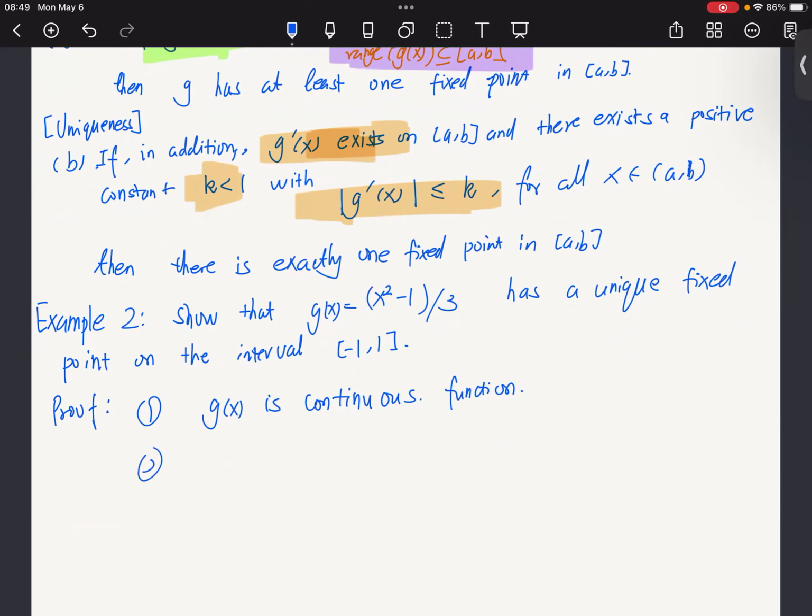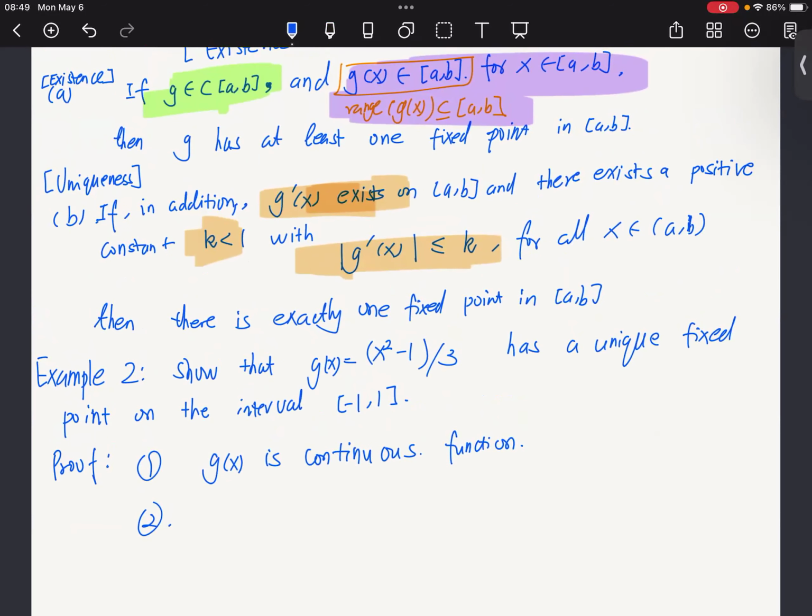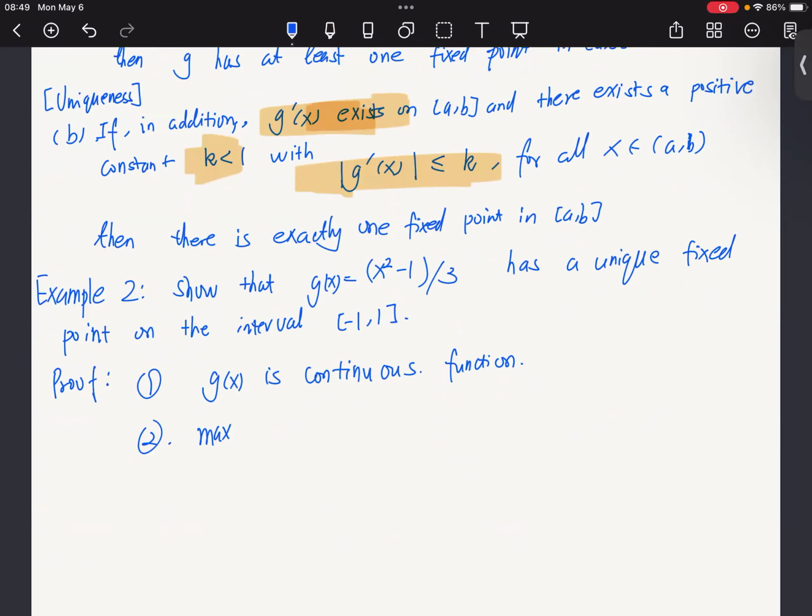The second thing is checking the range of the function g. First of all, this is a parabola, and the maximum and the minimum of g(x) could be at the endpoints or at the critical points.